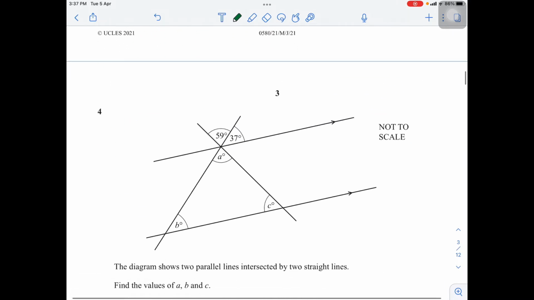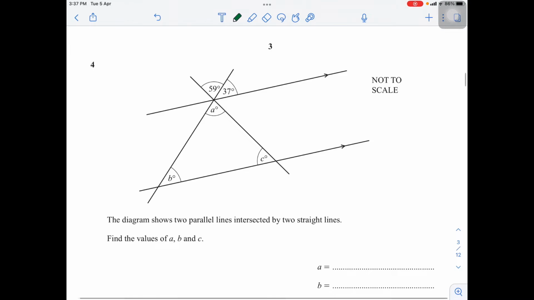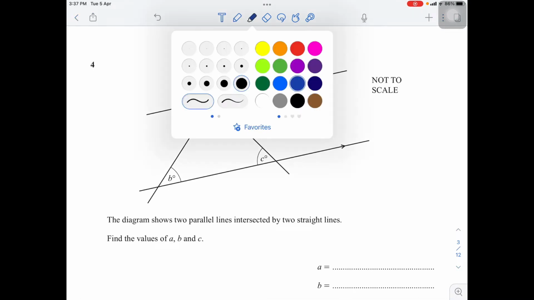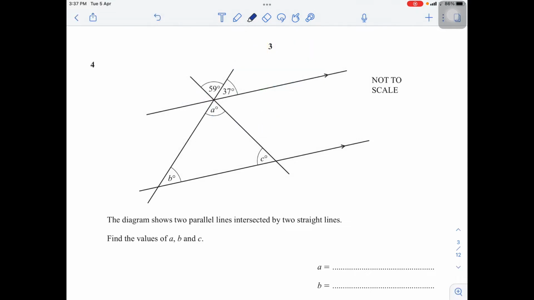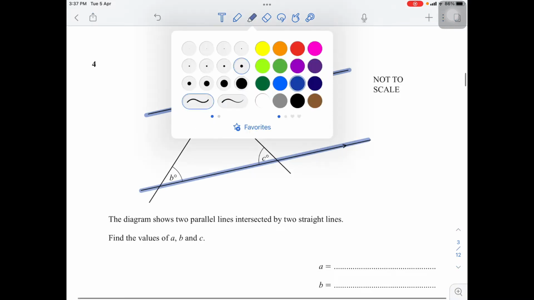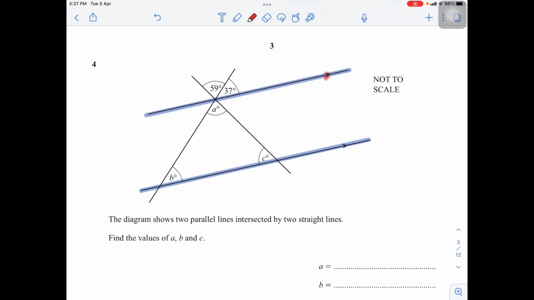Now it says these are the parallel lines. All right. So these two are parallel lines. One is here and the other one is there. How do I know these are parallel lines? Because of those arrows, it tells me these are parallel lines.